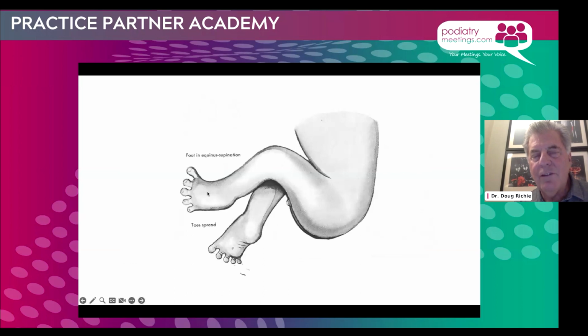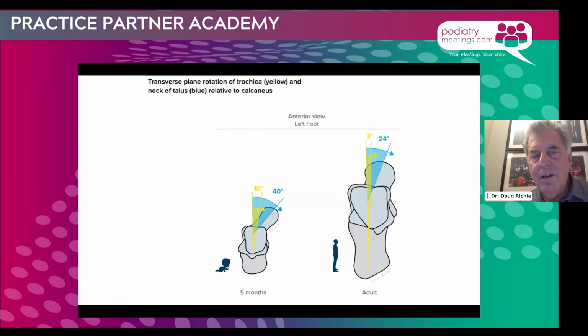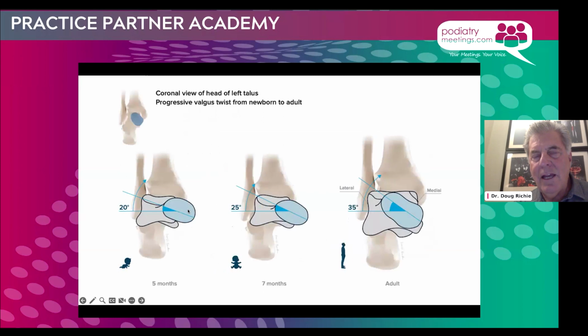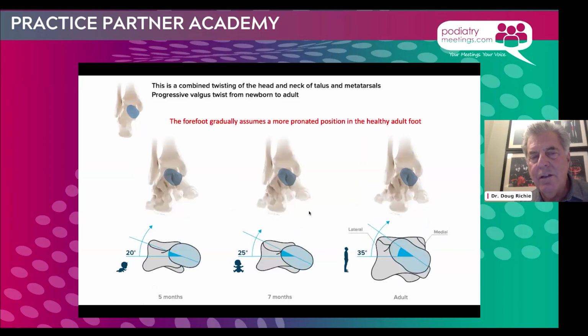After that, a rotation of the foot occurs to move the foot out of supination. The talus moves from a very adducted position at 5 months to a much straighter position in the transverse plane. And a valgus rotation occurs in the 5-month-old fetus. This is after birth, through 7 months and adulthood, where the talus rotates in a valgus rotation movement to pronate the forefoot on the rear foot.